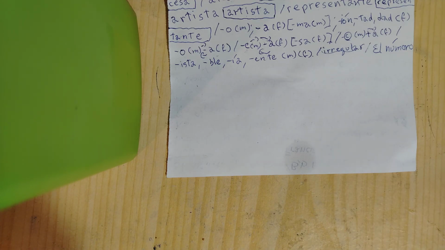Every noun in Spanish has gender and also has number. In Spanish the nouns can be singular or plural. Singular is one, and plural is two or more.